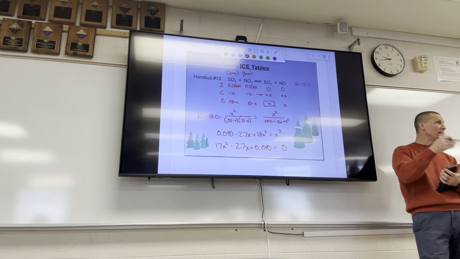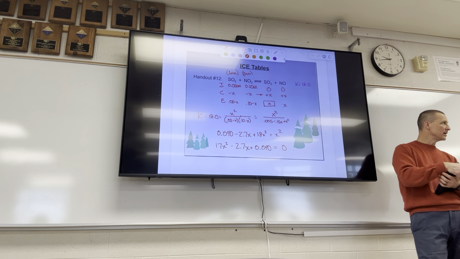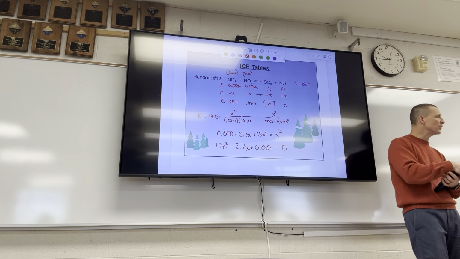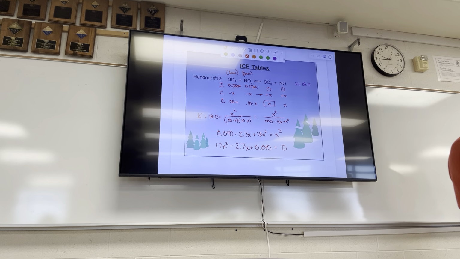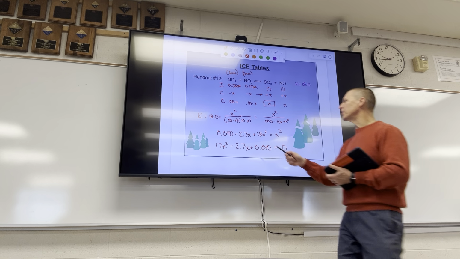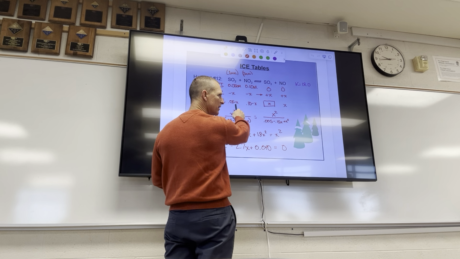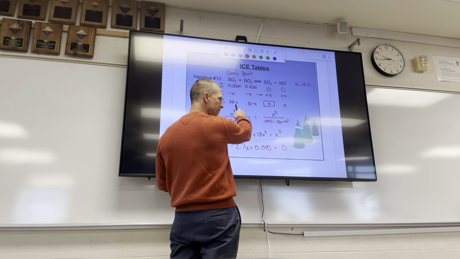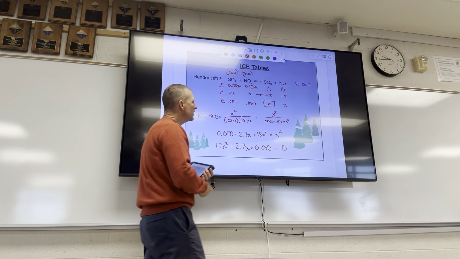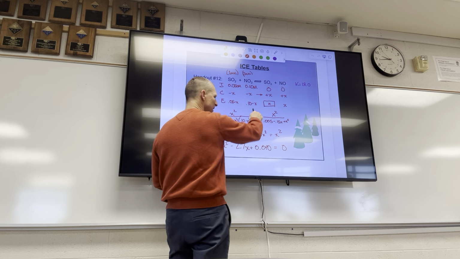But one of them is above 0.05, right? What are your 2 answers that it gives you? 0.048. Yeah, the 0.11 is no good because if you put 0.11 in for x here, it's going to give you a negative value. You can't have a negative concentration, even for the reaction. You have to have a positive amount for everybody at equilibrium.